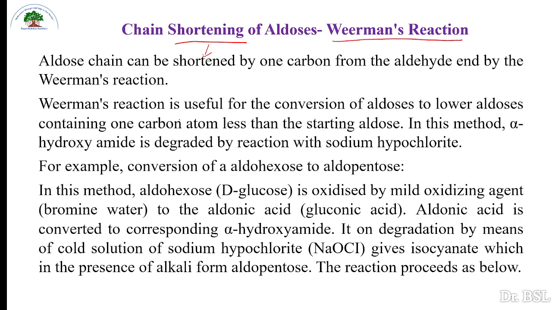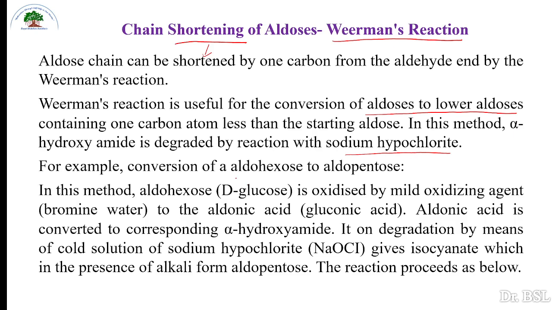Aldose chain can be shortened by one carbon from the aldehyde end by Weerman reaction. Weerman's reaction is useful for the conversion of aldoses to lower aldoses containing one carbon atom less than the starting aldoses. In this method, alpha hydroxyamide is degraded by reaction with sodium hypochlorite.